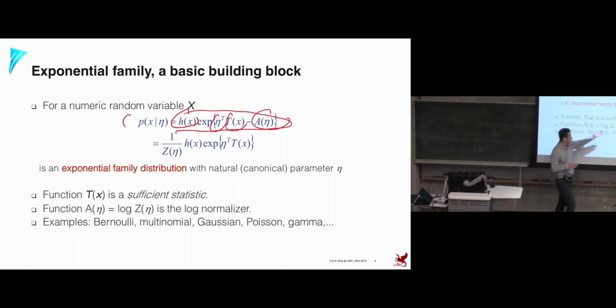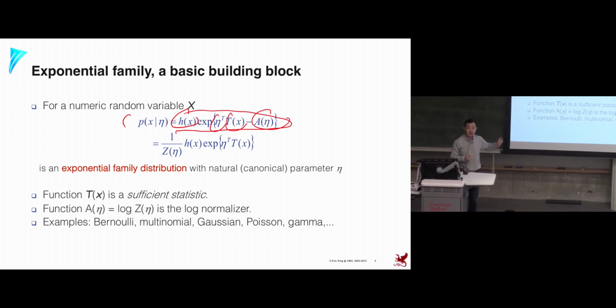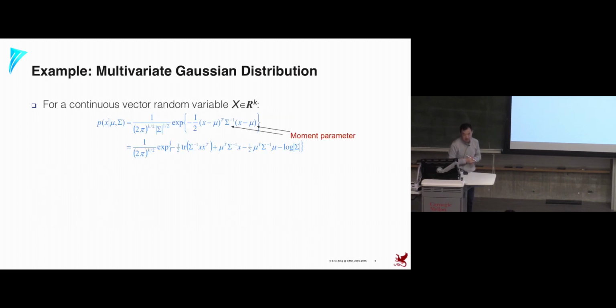Okay, Bernoulli, multinomial, Gaussian, Poisson, gamma, t, and so forth. It would be very hard for you to name something that is not in this family, in fact. Okay, all right. So let's just look at a few examples of why, for example, Gaussian is a member of the exponential family. Okay, so this is the way we write down Gaussian distributions, right?